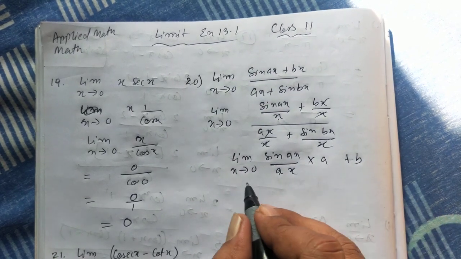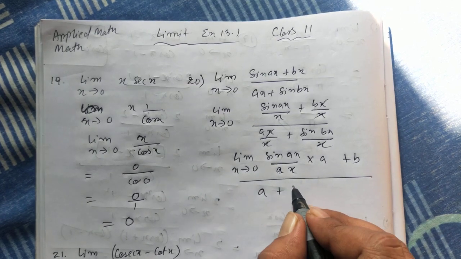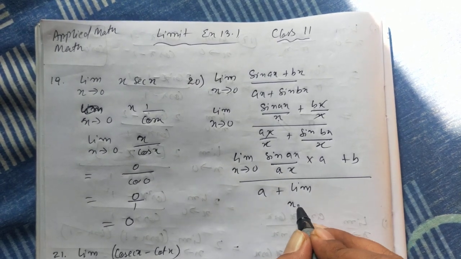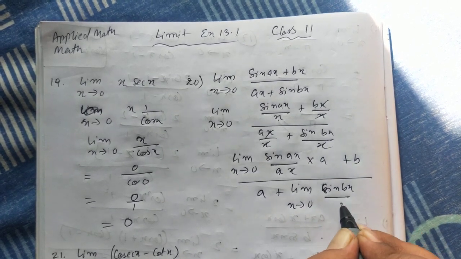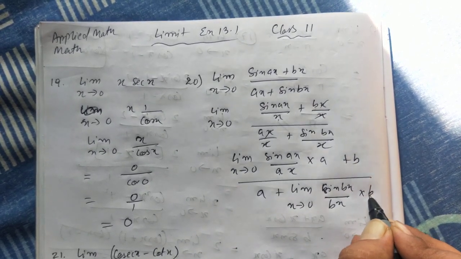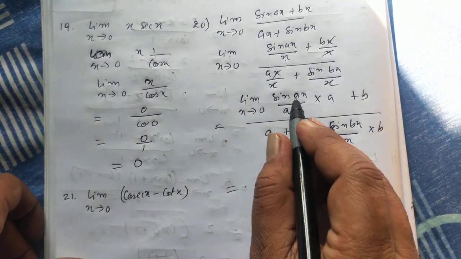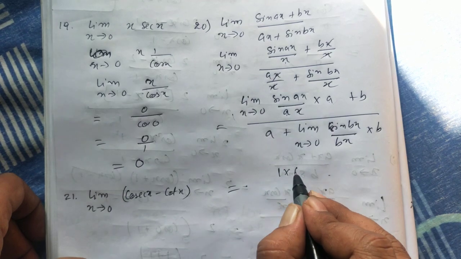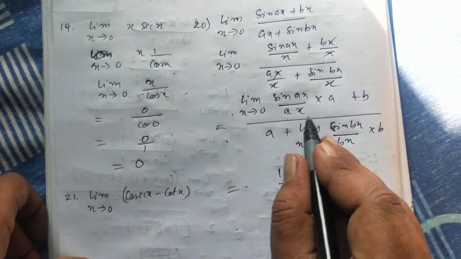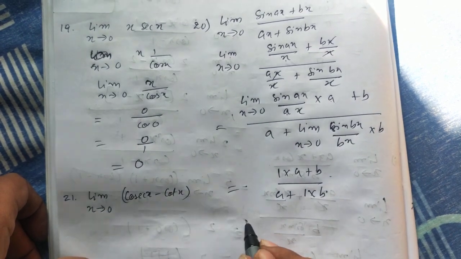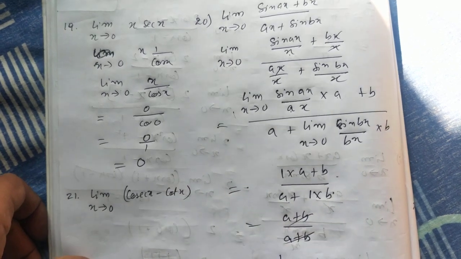Plus b, you can write separately: limit x tends to 0, sine bx by x is already there. If I put b, multiply by b. So the limit for this value is 1 into a, and b for this. The limit for this formula is 1. So we'll write a plus b by a plus b. If you cancel, we get 1.